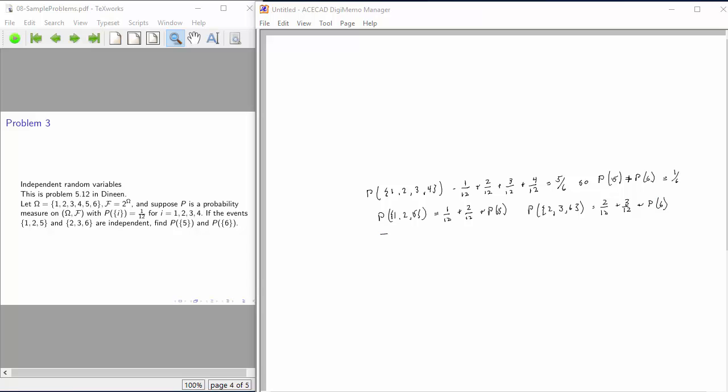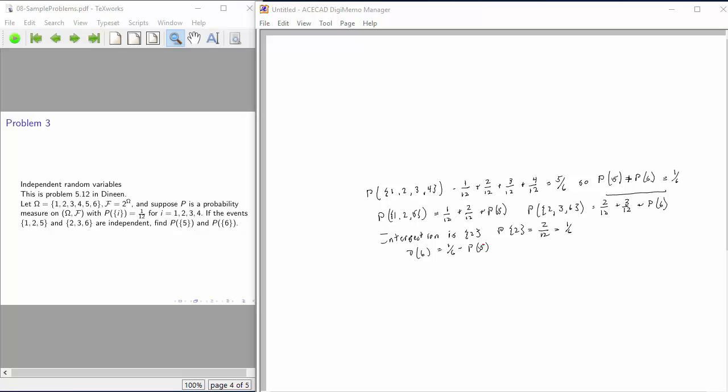The intersection of the two events is the set that contains just 2, and we know that P of 2 is 2 over 12, or 1 over 6. We also know that the probability of 6 from up here is equal to 1/6 minus the probability of 5.